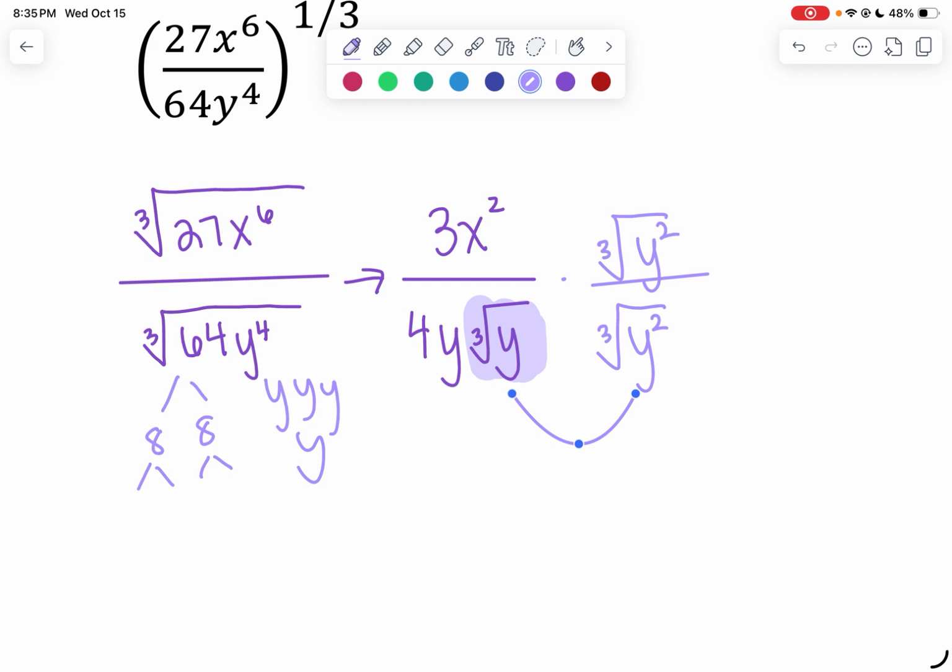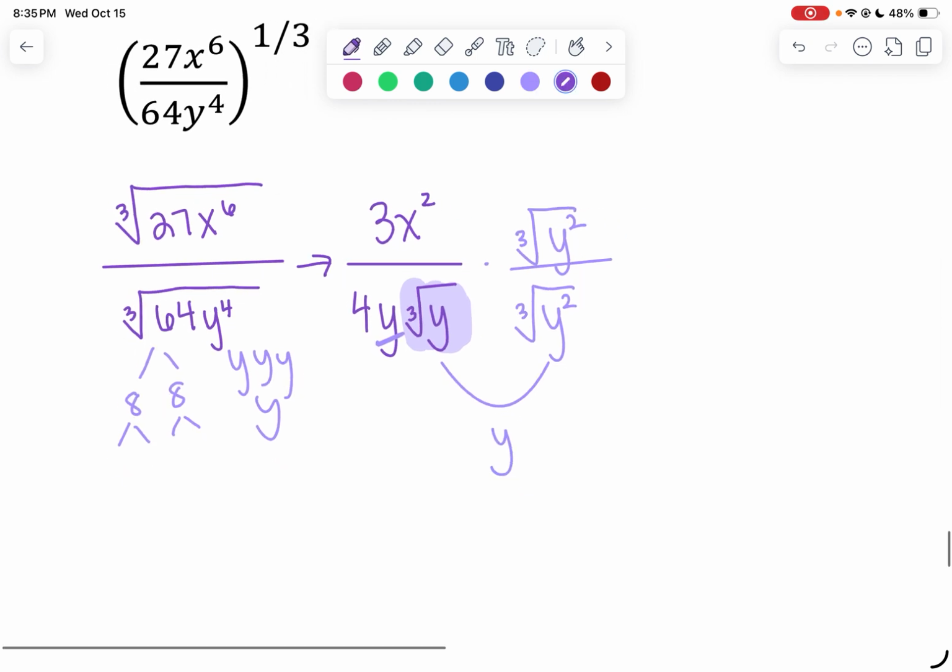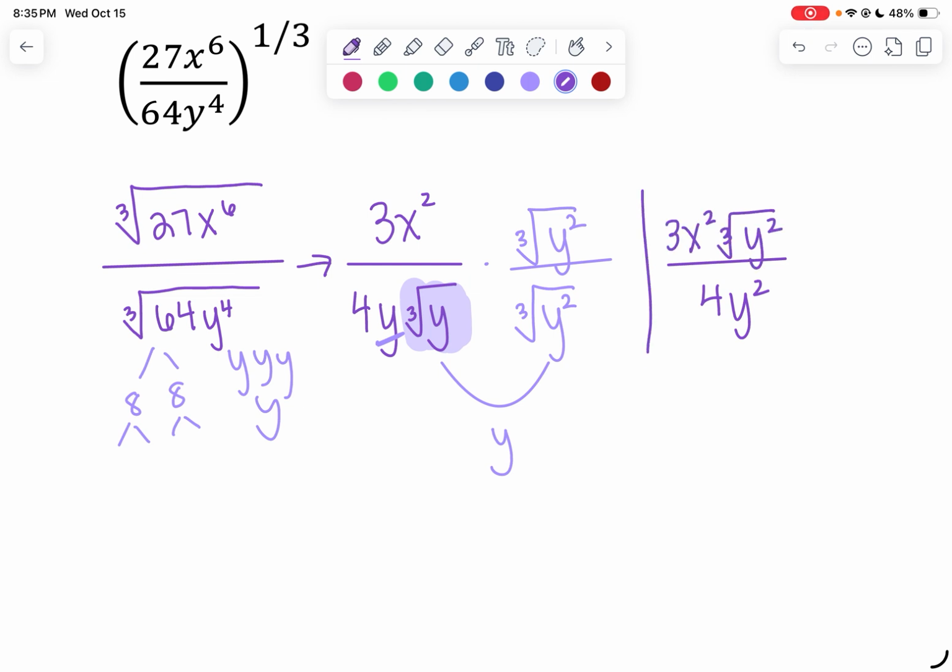There's 3 of a kind, that would be y, but I also have another y out front. So my denominator is not 4y, it's 4y squared. And then in your numerator, 3x squared cubic root y squared. And then that's it.